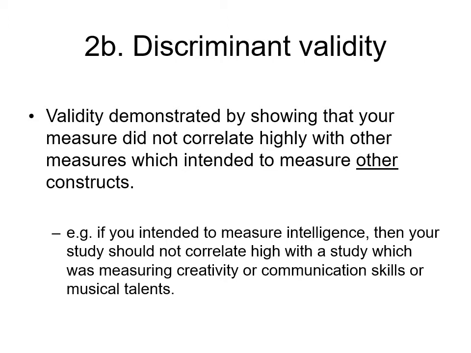You can argue that creativity, communication skills, or musical talents may be part of intelligence. They may be, but they are not the whole of intelligence; they are only aspects of it. So you can see that discriminant validity means the test should correlate poorly with other measurements. Okay.